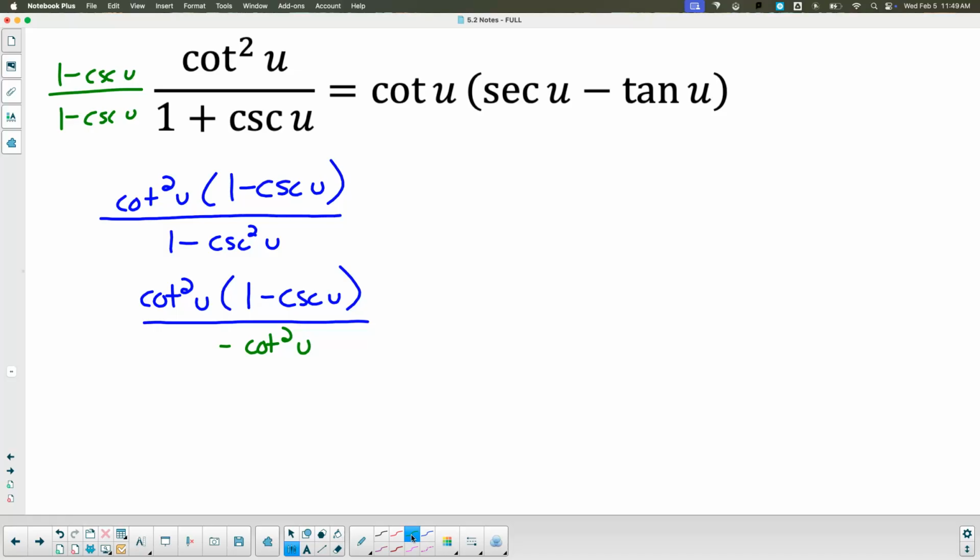This next step is very easy. Just cancel them out. Cotangent squared divided by cotangent squared is 1, right? Oh, there's the negative. Never mind, I didn't see that. The big negative right out in front is the negative from the bottom.